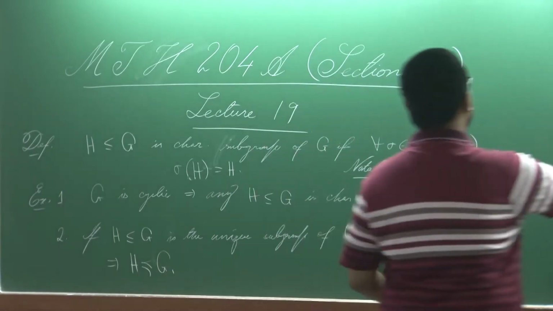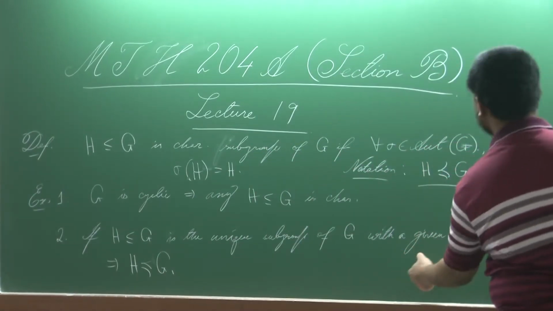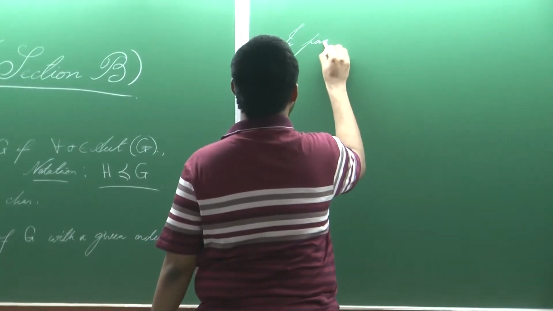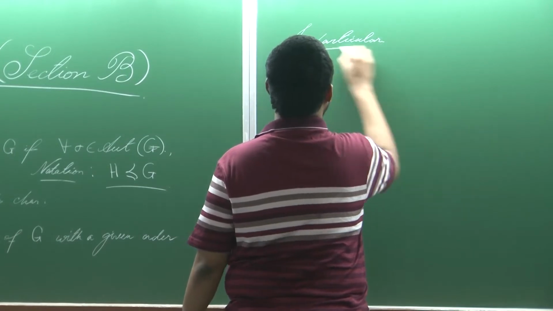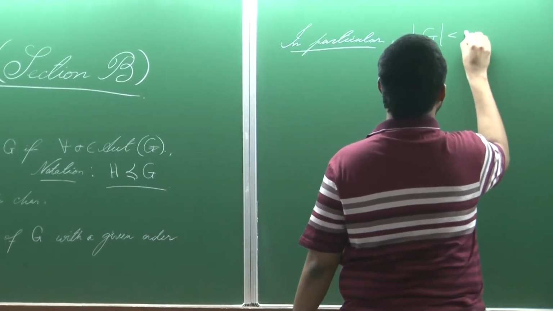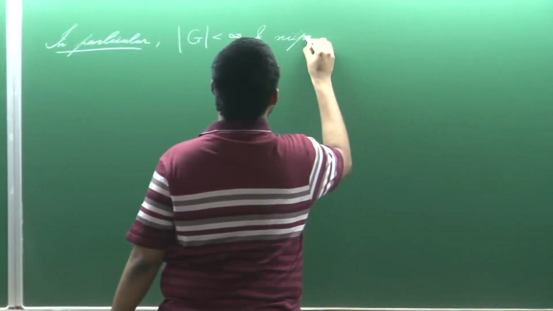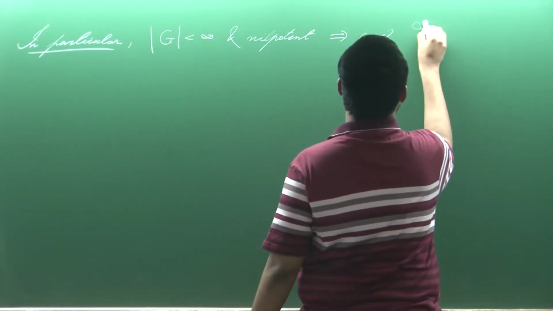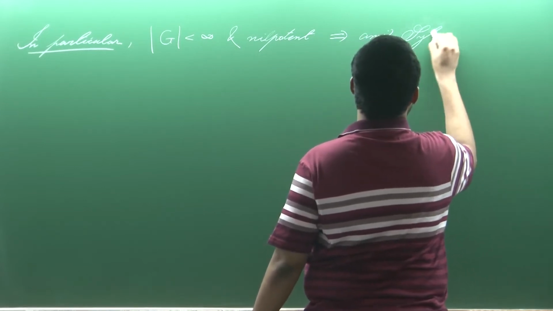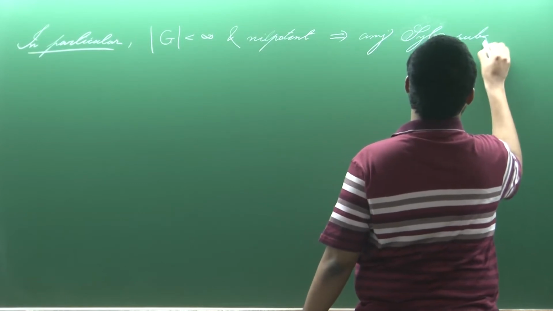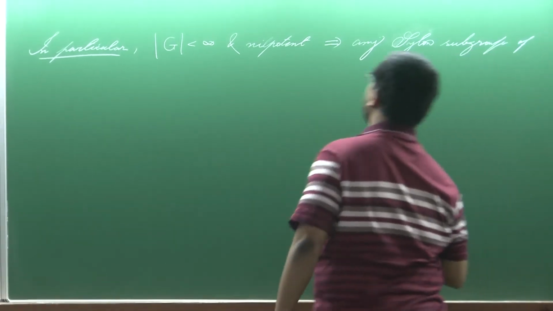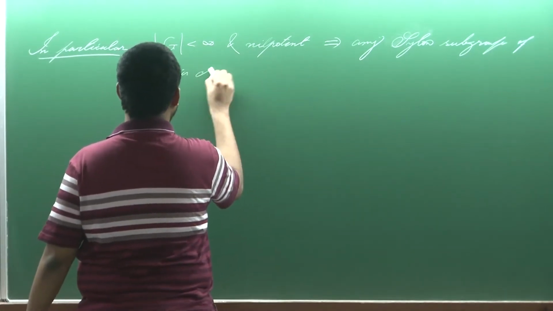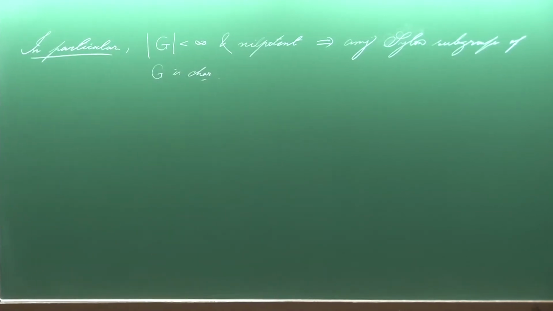In particular, as a consequence of this general thing, if G is finite nilpotent, then any Sylow subgroup of G is characteristic, because earlier we have proved that any Sylow subgroup of a finite nilpotent group is normal, and all other Sylow subgroups are conjugate to each other.